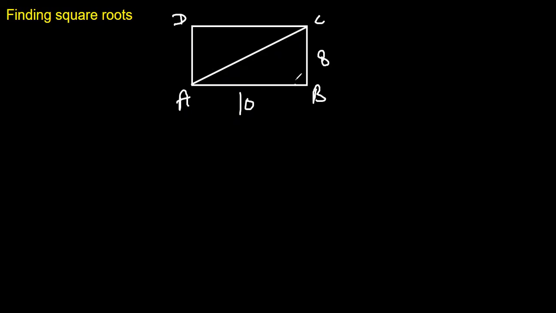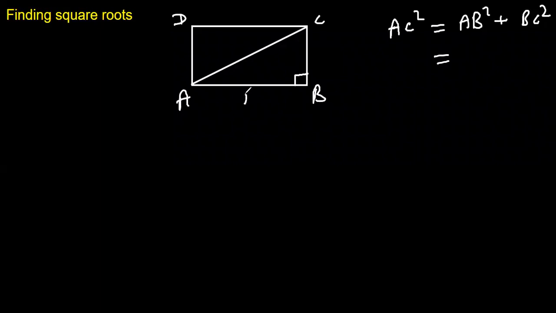Since this is a right angle triangle, you can say AC square according to Pythagoras. Pythagoras said hypotenuse square is equal to sum of squares of other two sides, AB square plus BC square. So let's take different measures here, say 8 and 6.